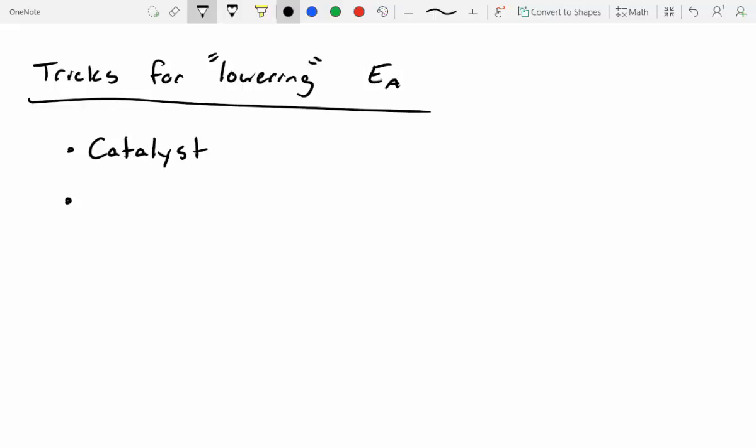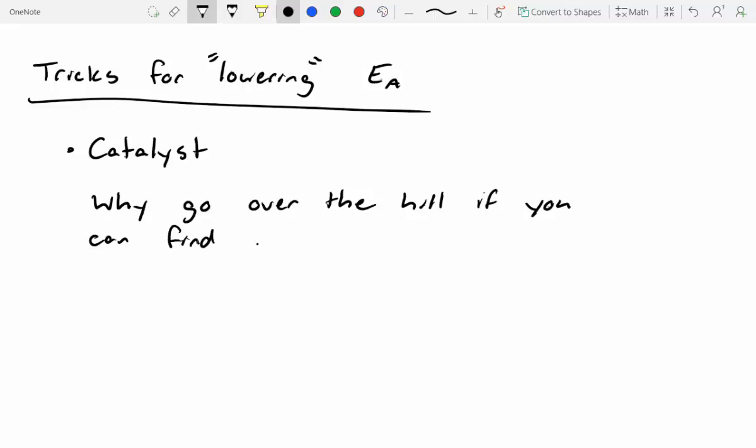The thing with the catalyst is it's not actually lowering the activation energy for the reaction you're looking at. It's basically saying, why go over the hill? Let's find a different route. If you can find an easier route, that's the way I like to think about it.